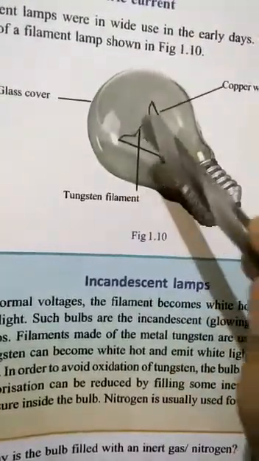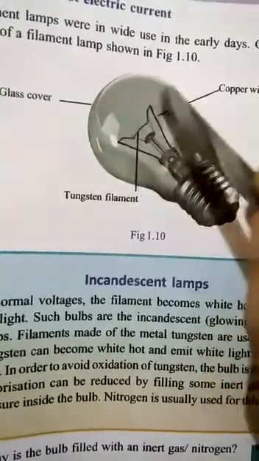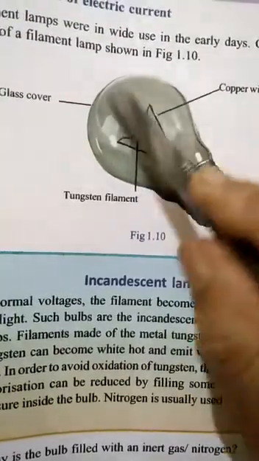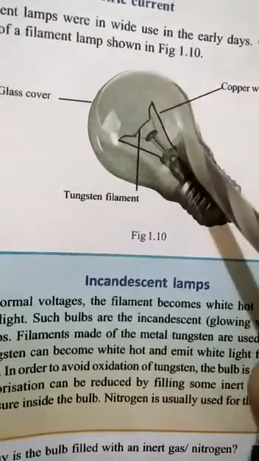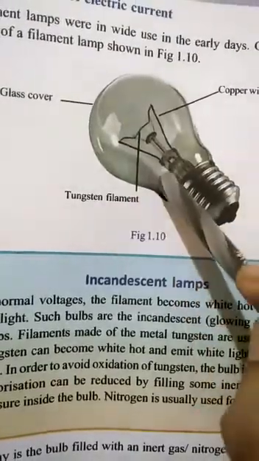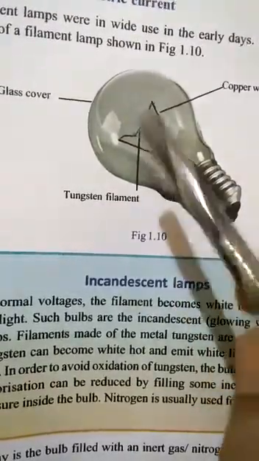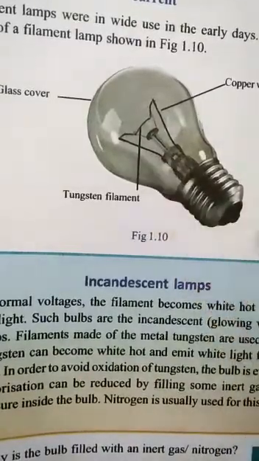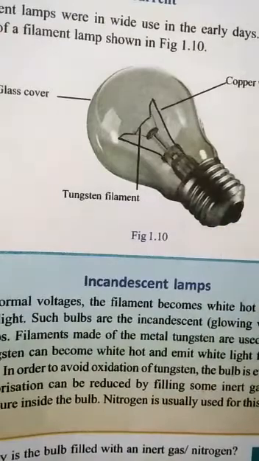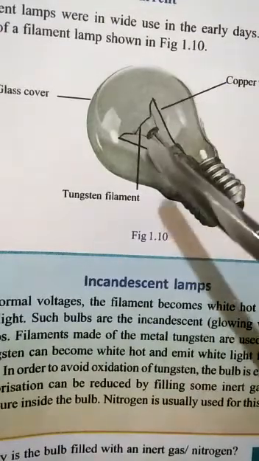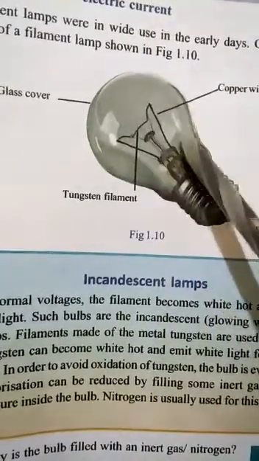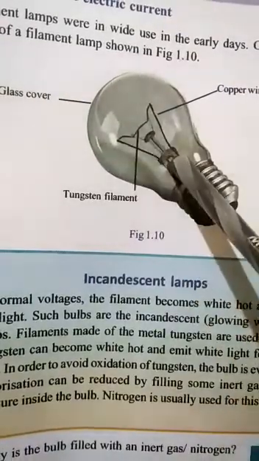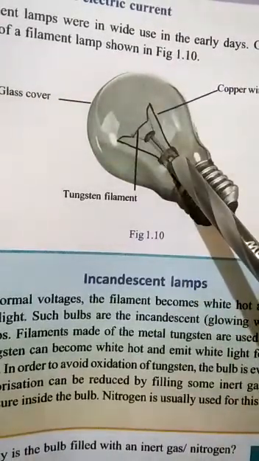Here, instead of filling inert gases, usually the gas filled inside the bulb is nitrogen. Nitrogen is very less reactive at normal temperature and pressure. It behaves like an inert gas.